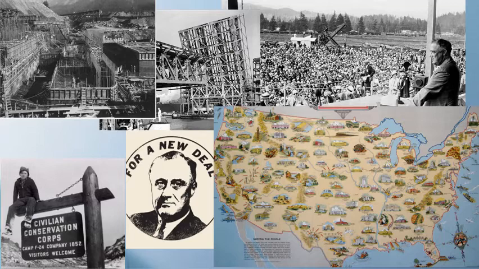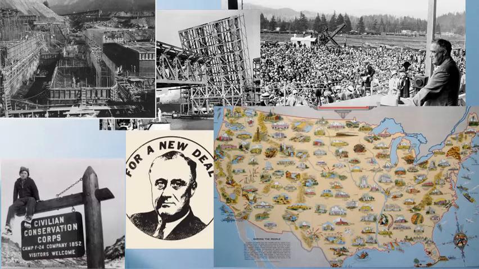So, bridges and dams and ports and highways and roads and murals and artwork and conservation projects and schools and hospitals and whatever the local area could benefit from, right?